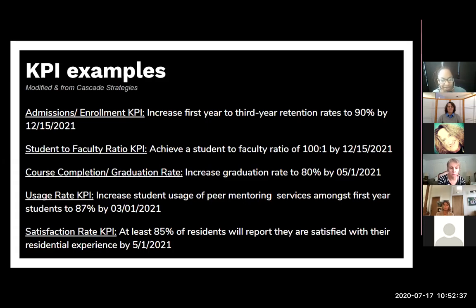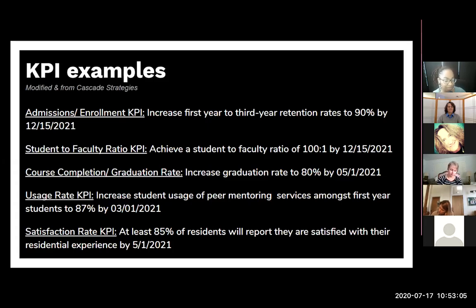Now we're going to go back to this activity. You are going to take your list of services and just choose one. What you're going to do is think about the goal of that service and then create the best KPI you can imagine. Once you do that, you're going to type in the name of the service, the goal, and the KPI in the chat.